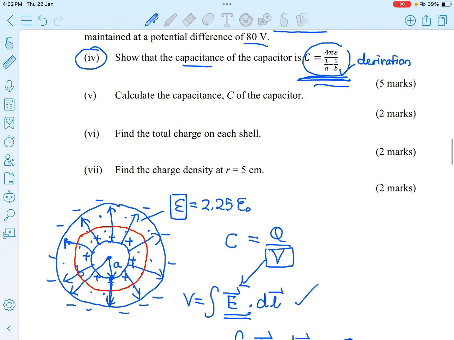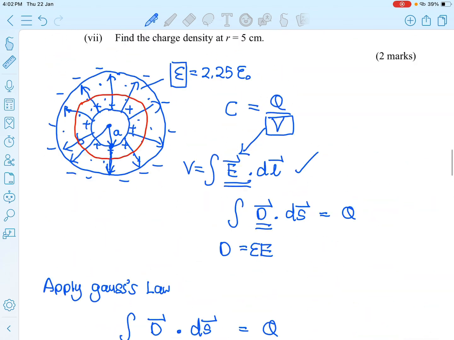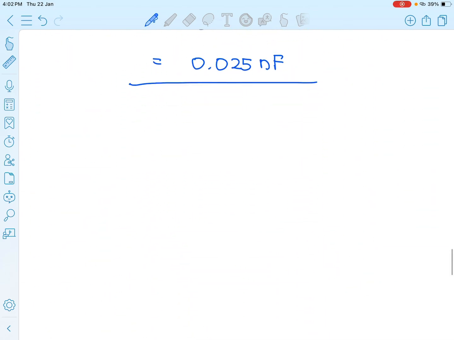Now let's look at the following question. Find the total charge on each shell. Meaning that we have to find the Q. To find the Q, we can manipulate these equations: C equals Q over V. C we already know, so it is 0.025 nanofarad.